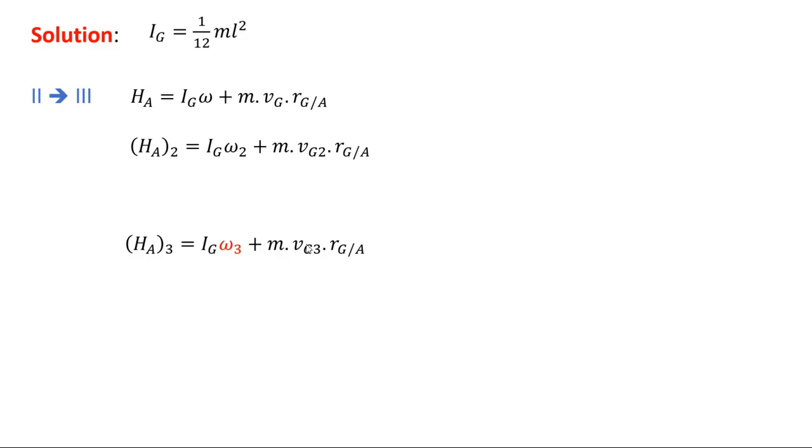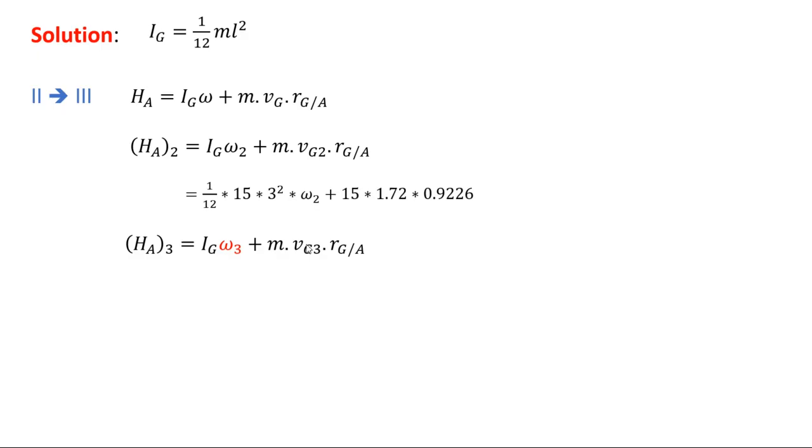You can see that in the HA3 state, the omega 3 is unknown. Of course, the VG3 is also unknown, but we can say that this value is going to be equal to the omega 3 multiplied by the RGA. Then we're going to find the whole equation in terms of the omega 3. And for the HA2, we know the Ig now, we know the omega 2, we know the velocity G2, we know the RGA, so we can solve for that.